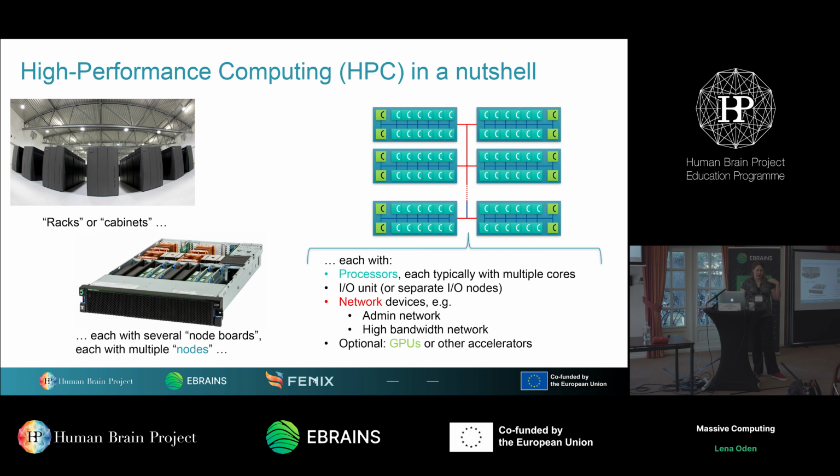You have a very fast, high-speed interconnect, so this is basically a big difference to other systems: you have InfiniBand or OFI, very specialized interconnects which are required for this kind of workload. And very often these days you also have GPUs included in your systems. So here you have a picture of a single node, and here you have a picture of a complete supercomputer.